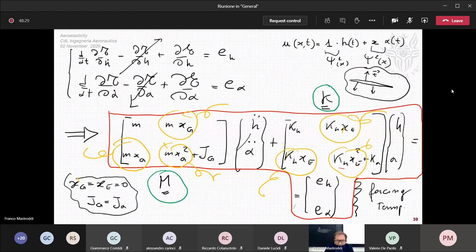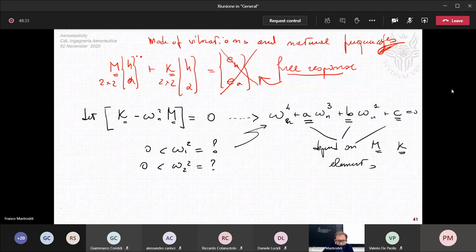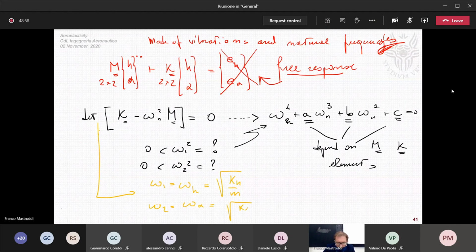And at the end, if you develop, in this case, this determinant, omega 1 is equal to omega h, which is equal to the square root of Kh by m, and omega 2 is equal to omega alpha, equal to the square root of K alpha by Jg.